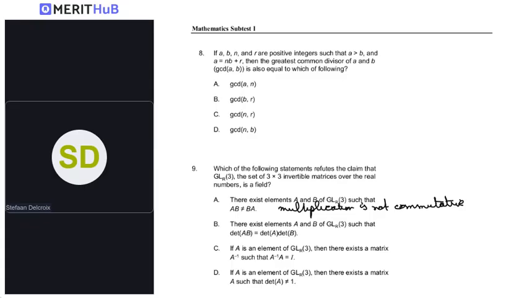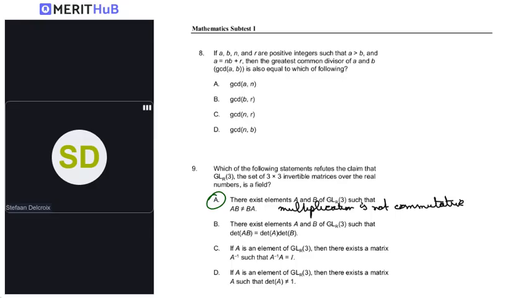So this is needed for a field, so that would immediately make this the correct answer. Your multiplication is not commutative, hence you're not a field. And so the nice thing is that the others you don't even have to check anymore. Answer B has nothing to do with being a field or not. It's a property, but it's not needed for a field, and it doesn't show it's not a field.